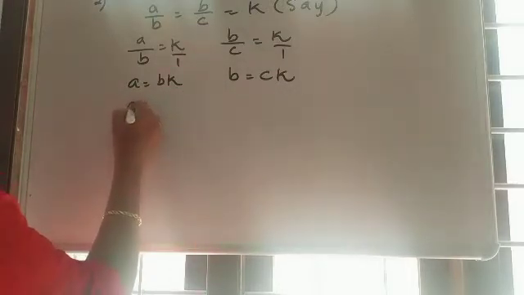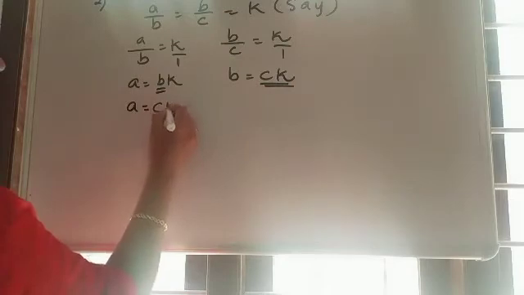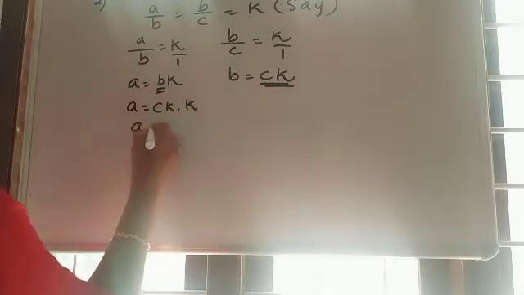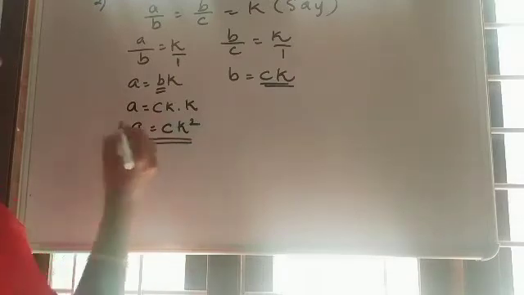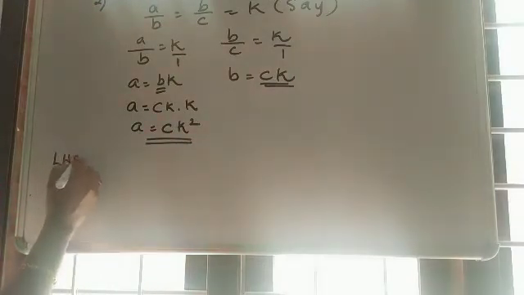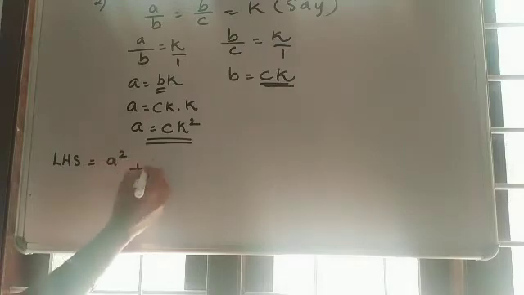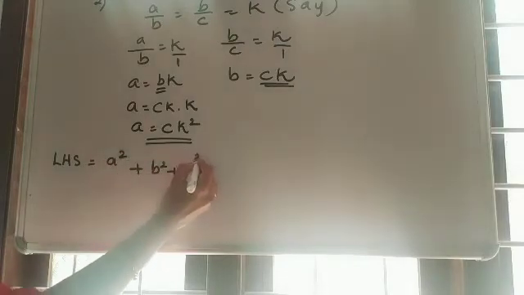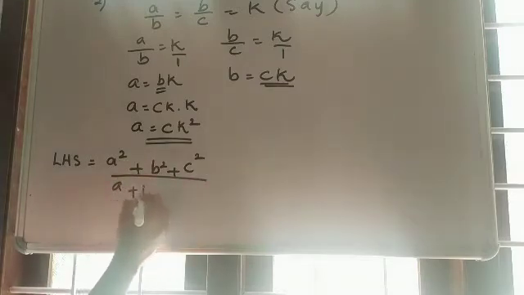Replace B as CK. So, A will become what? Instead of B, we can write it as CK. So, CK into K. So, A is equal to CK square and B is equal to CK. So, take LHS. LHS is equal to A square plus B square plus C square divided by A plus B plus C the whole square.